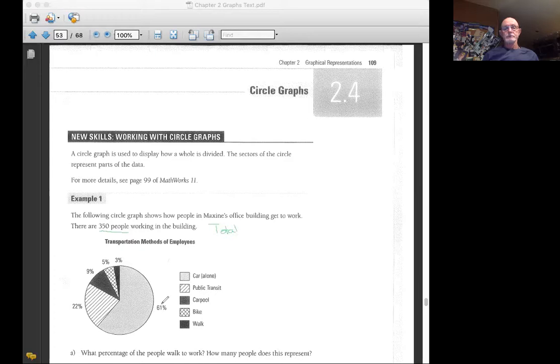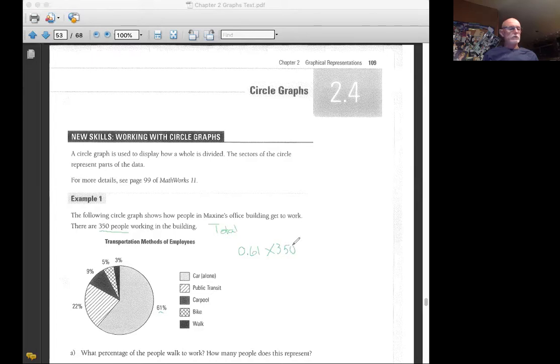So for example, let's look at the car one. It says 61%. So 61% is really 0.61. How many people take a car alone? Like car alone, they're the only one in the car, right? You multiply that by the total, by 350.